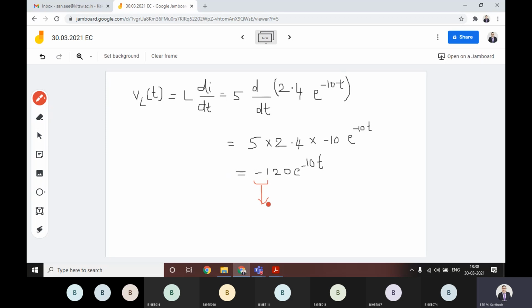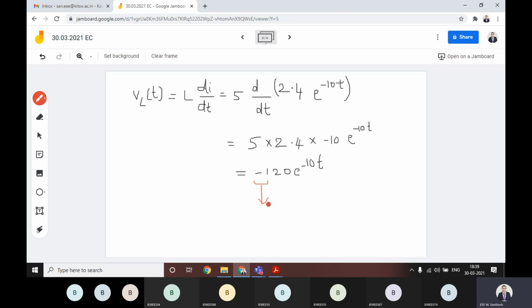Okay, that means it is delivering power to some other element. In that case you will get this kind of a minus sign. Then you can simply do that.